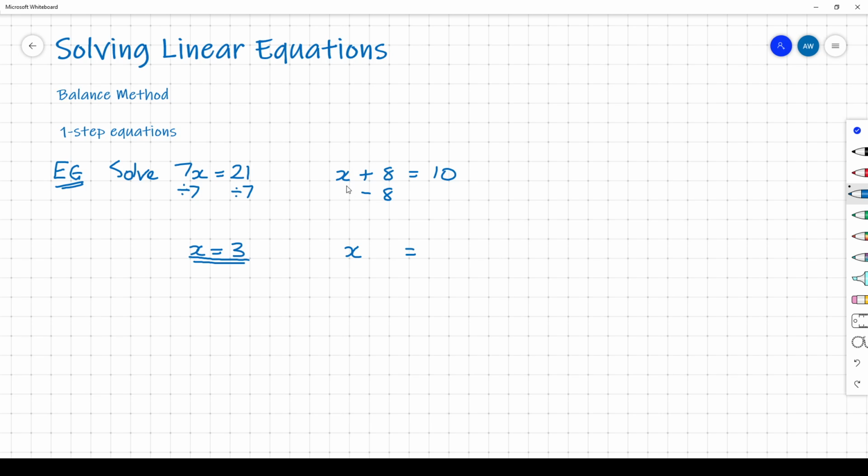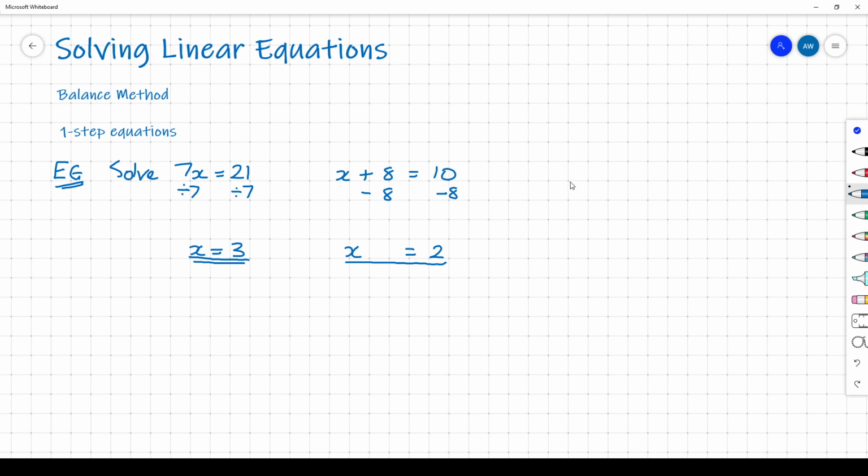But whatever we're trying to do when we're solving an equation, we're trying to get down to 1x equals, or just x equals. So coming back to this, if I take away 8 on the left hand side of the equation, then I need to take away 8 on the right hand side as well to keep the equation balanced. And 10 take away 8 is 2, which is what we knew. We knew that x equals 2.